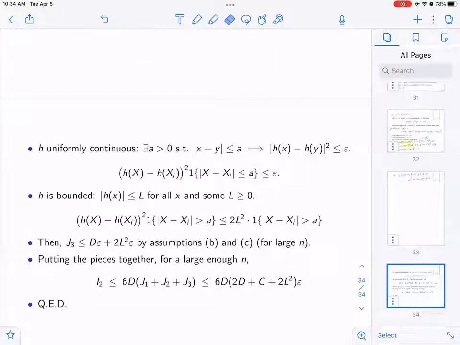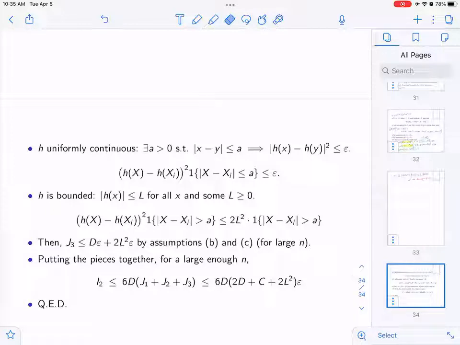h is uniformly continuous. There exists an A such that whenever x minus y is less than A, h of x minus h of y squared is less than epsilon. That's uniform continuity. If I want to state it as an event, if you look at this times the indicator function that it's less than A, this is either 0, or when this is active, it means that this is less than A, so this has to be less than epsilon. So this is a restatement of this in the event format. Also, h is bounded, so we have this.